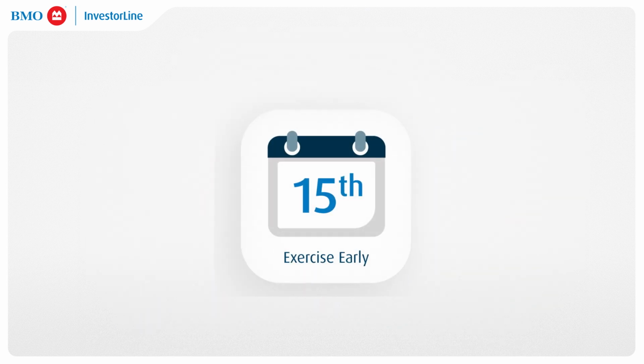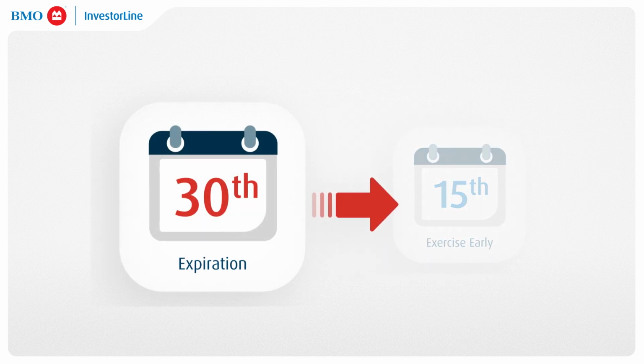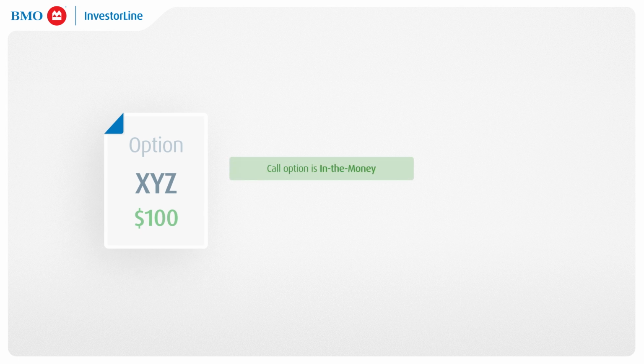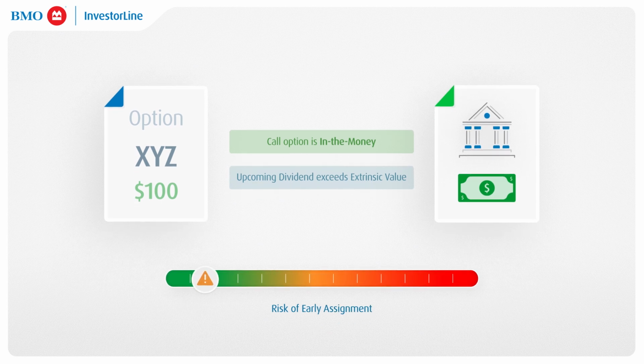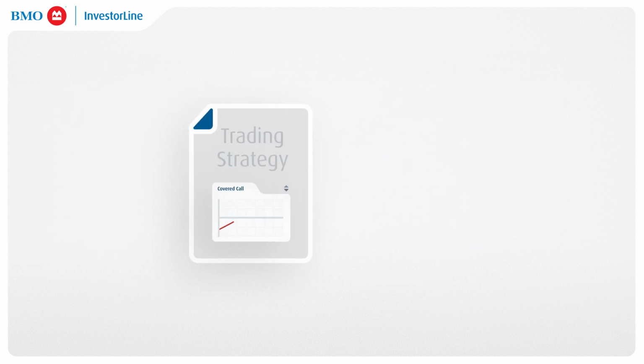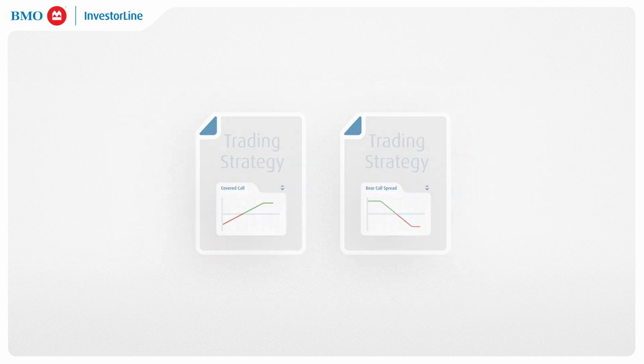Additionally, it rarely makes economic sense to exercise an option early prior to expiration. However, there are a few exceptions to this. If a call option is in the money with an upcoming dividend, and the dividend amount exceeds the extrinsic value of the option, it's at a higher risk that the buyer may choose to exercise the option to capture the dividend. This often catches traders with covered calls and bear call vertical spreads that are in the money unexpectedly with an early assignment.